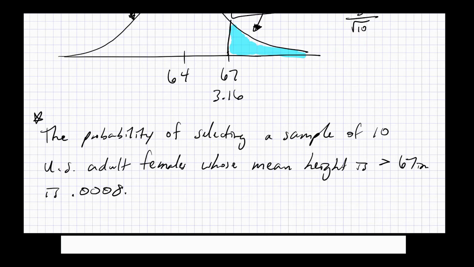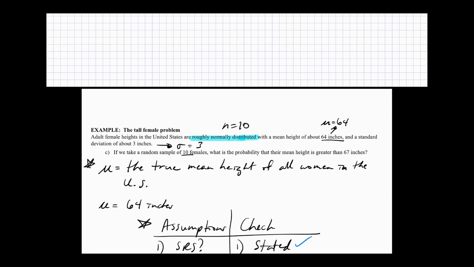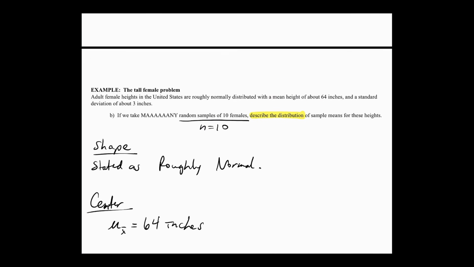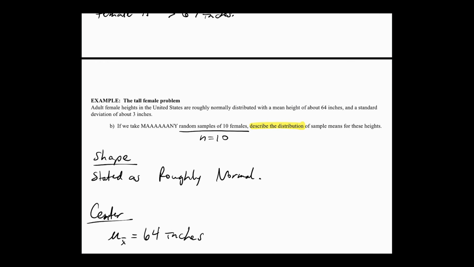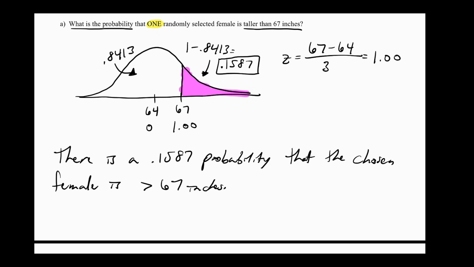Okay. So the probability of reaching in and grabbing a sample of 10 women, taking their average height, and that average being over 67 inches is virtually nothing. Not going to happen. Right? So I have a question before we go on to the next one. Look at A and look at C. Didn't they ask the same question?